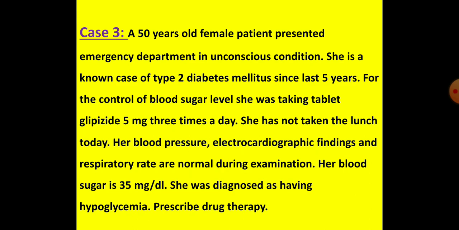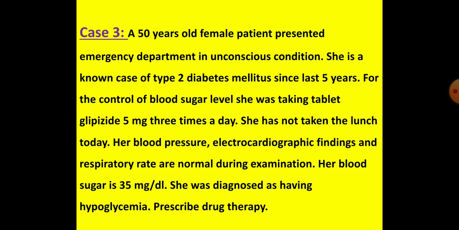Now the third case, a 50 years old female patient presented in the emergency department in an unconscious condition. Her relative told that she is a known case of type 2 diabetes since the last 5 years. For the control of the blood sugar, she was taking tablet glipizide 5 milligram 3 times a day, and she has not taken the lunch today.